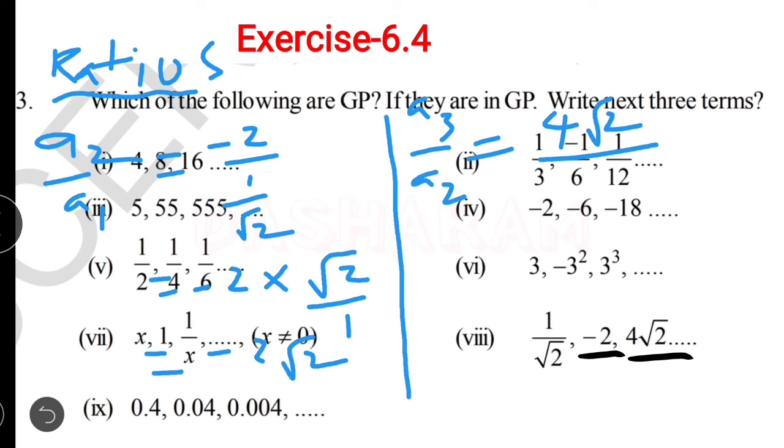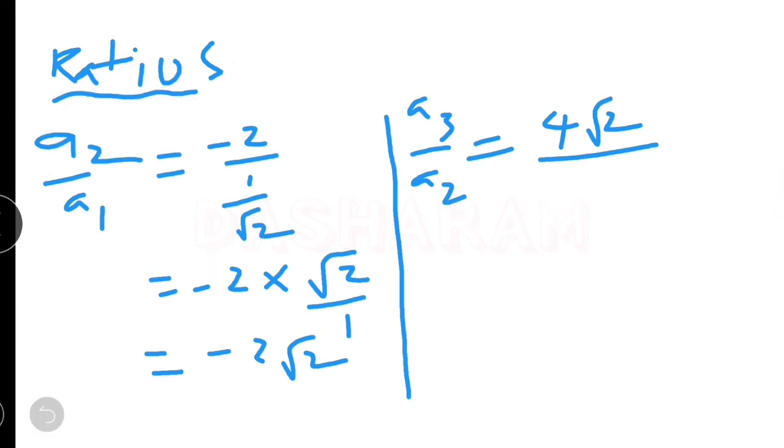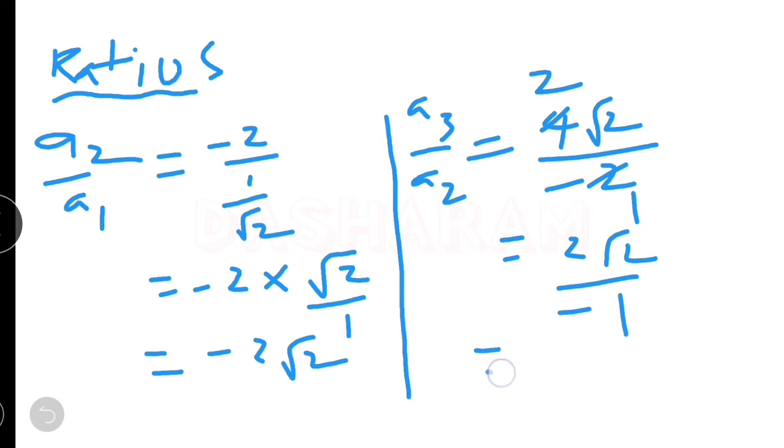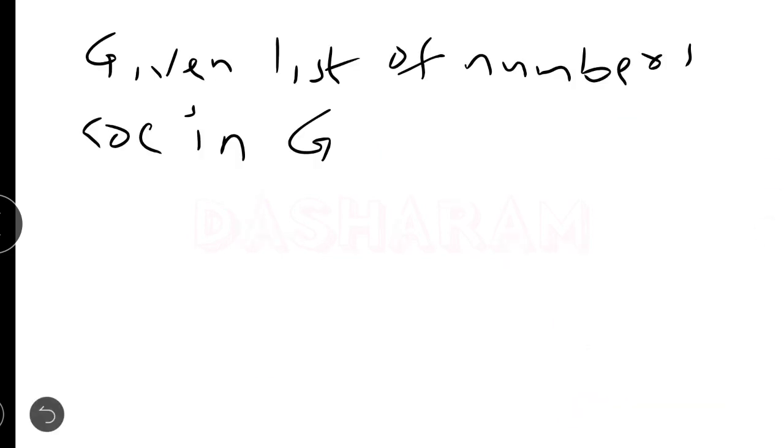Two ones are 2, two twos are 2 root 2, divided by minus 1. 2 root 2 divided by minus 1 is minus 2 root 2. So in the two cases we got the same answer. So the conclusion is, the given list of numbers are in geometric progression.